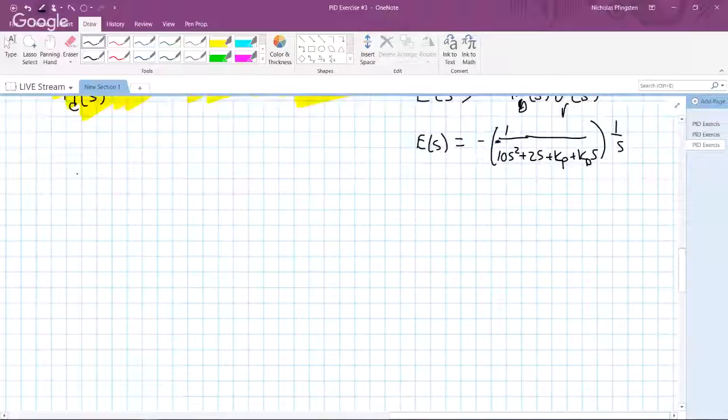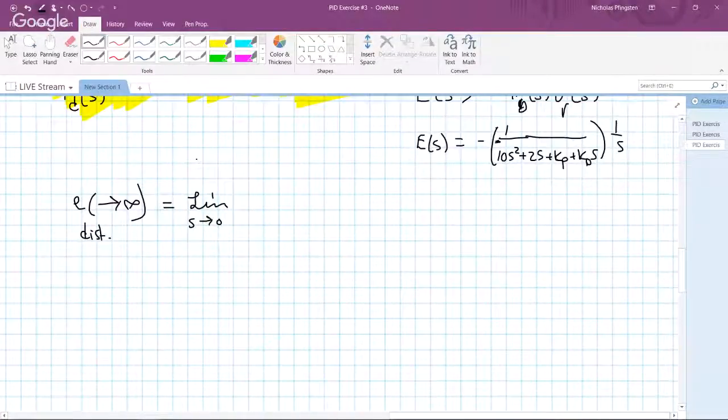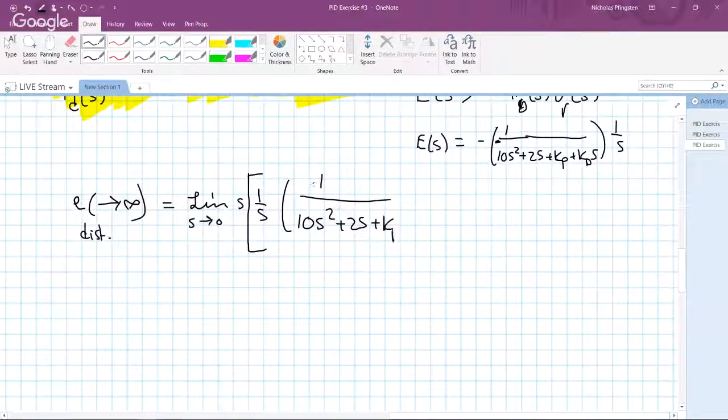So now we're going to plug in E as t approaches infinity, the limit as S approaches 0 of S times 1 over S times 1 over 10S squared plus 2S plus Kp plus Kd of S. You plug in 0, everything zeroes out except Kp.